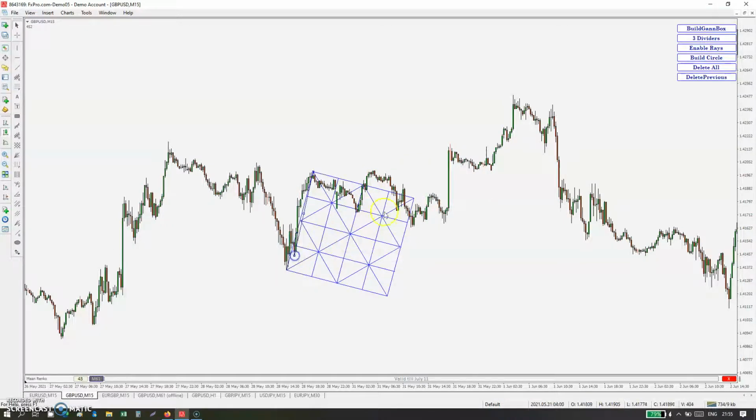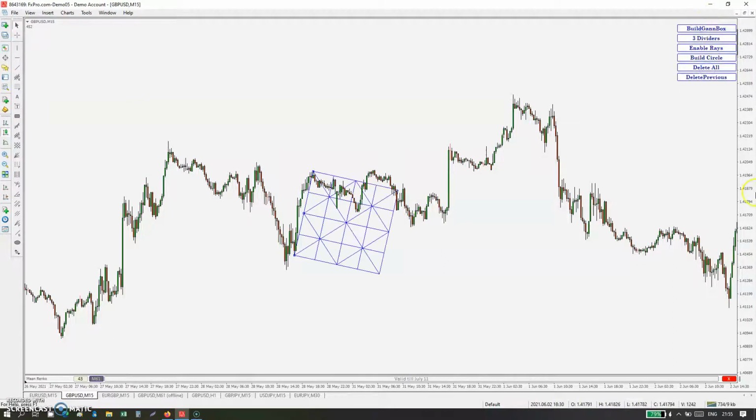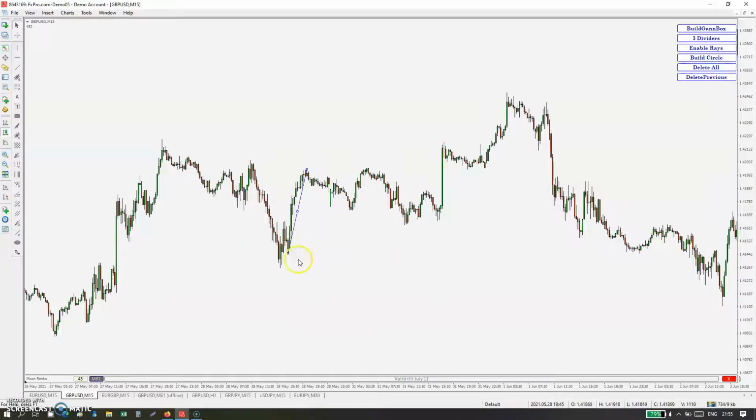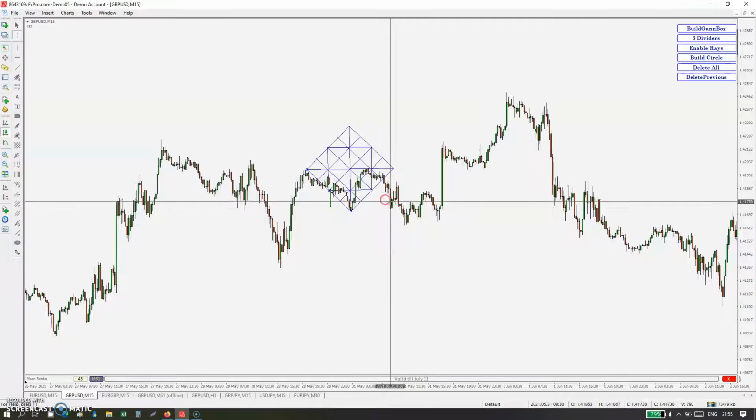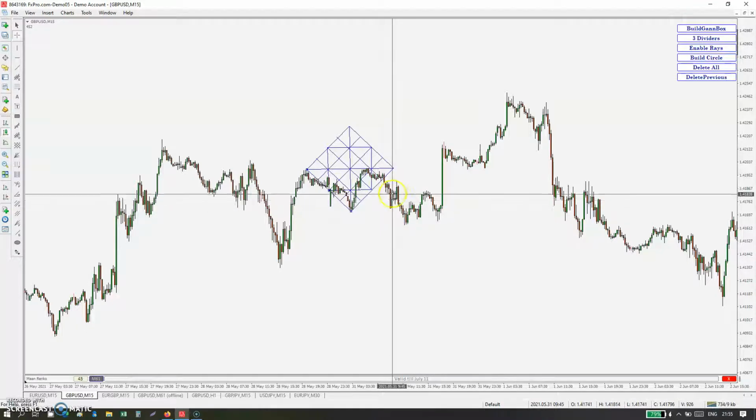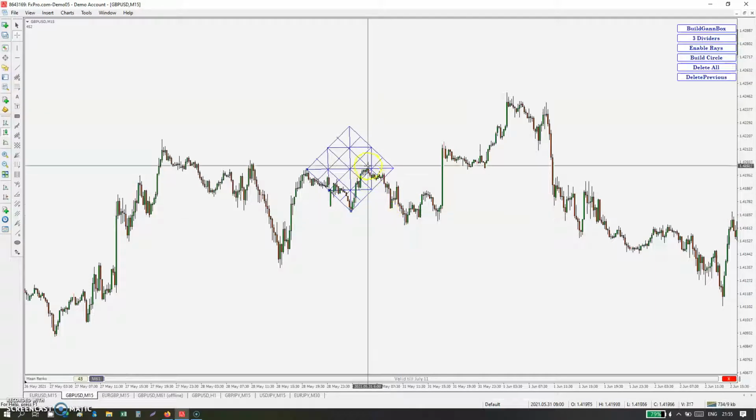If you go to here with the last swing, the market turned around here. Exact 50% high, the market pulled back. Here is some turning, a little bit, and you can see the last swing is also a 50%. You can go through here.